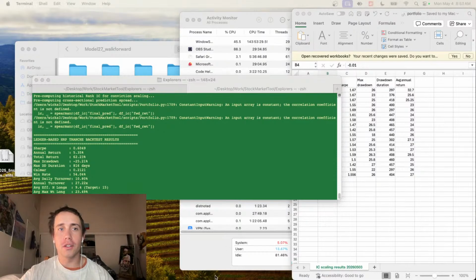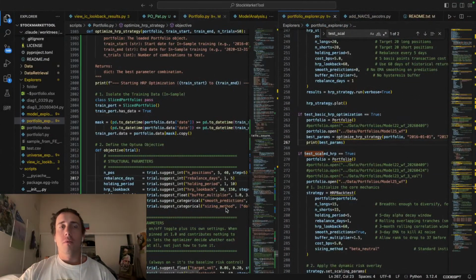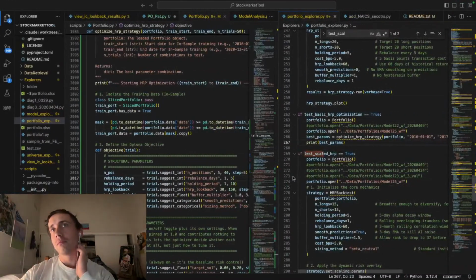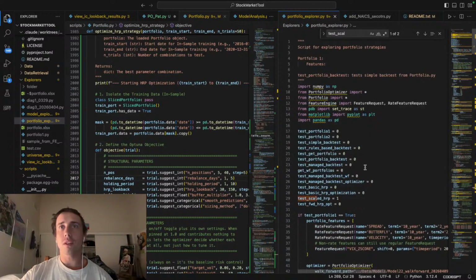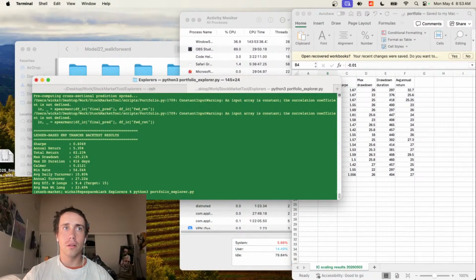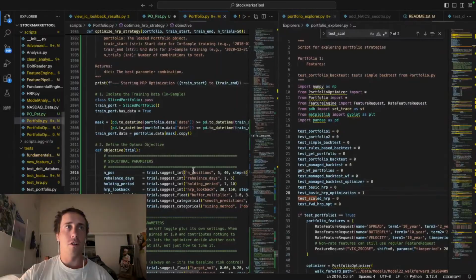So I want to do an optimization with only some parameters. But let's turn on test basic HRP optimization. And what is this metric again?